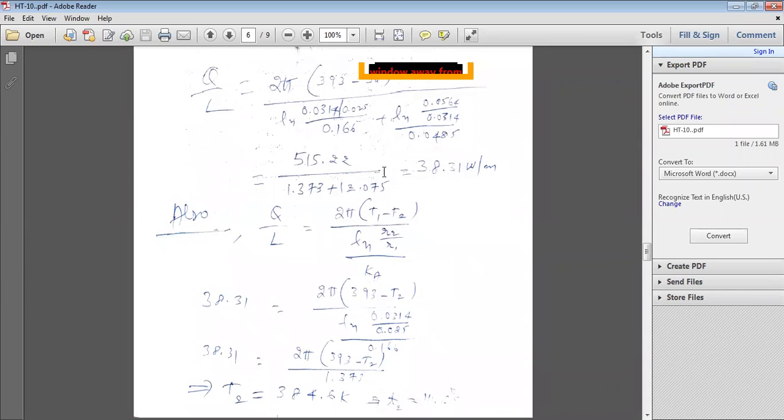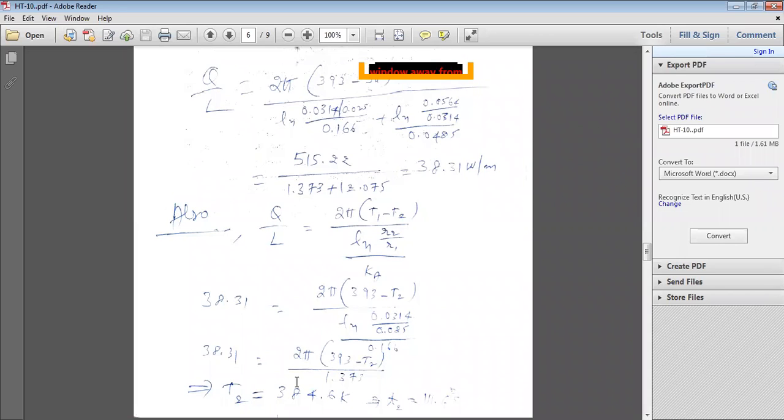Once you have Q by L, substitute its value here, 38.31, equal to 2 pi into T1, given as 393, minus T2, to be calculated. That is the interface temperature between the asbestos and fiberglass. Divide by Ln R2, 0.0314, divided by R1, 0.025, divided by the thermal conductivity of the asbestos, 0.166.